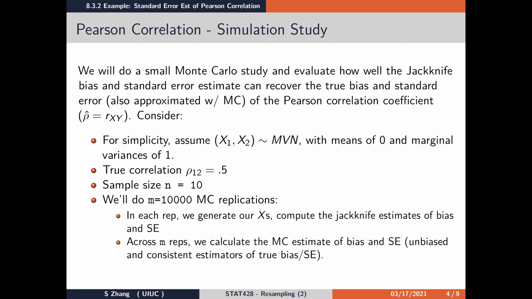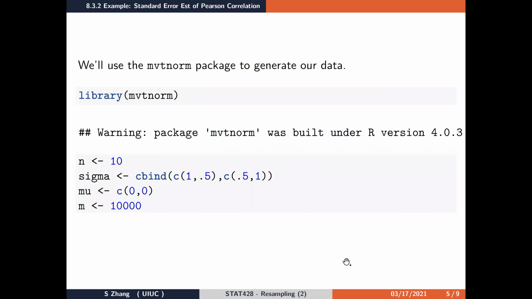Across the 10,000 replications, we will also calculate the Monte Carlo estimate of bias and SE. This is essentially the same as what we did when we did Monte Carlo inference for bias and standard error estimation. We know that across the 10,000 replications, the Monte Carlo estimates of bias and SE will be unbiased and asymptotically consistent, so they can approximate the true bias and the standard error.